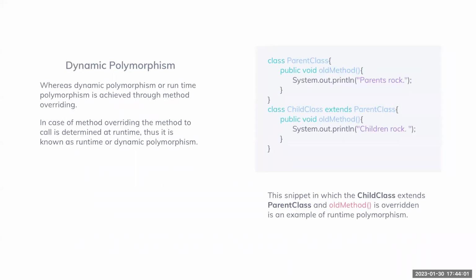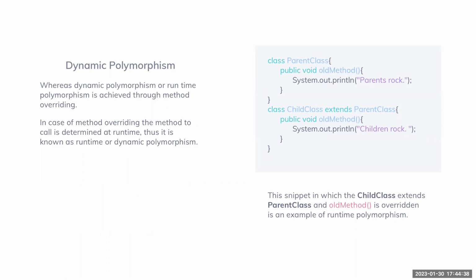Dynamic polymorphism is also called overriding. Dynamic polymorphism is runtime polymorphism. In case of method overriding, the method to call is determined at runtime, because if you remember, we always create an object of the child class or the parent class, and with that reference we call the method.